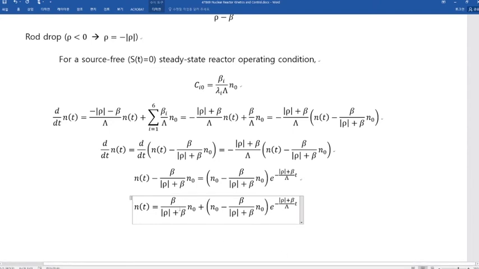When t equals 0, this would be 1. And we are going to have n0 equals 0. Zero exponential minus.